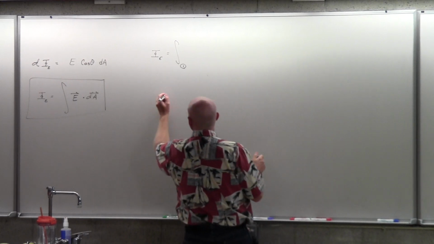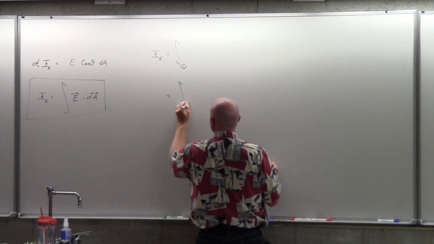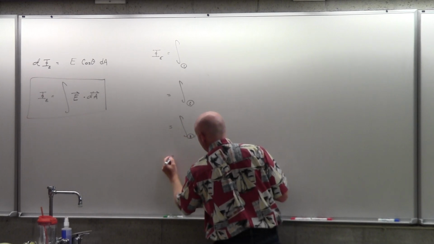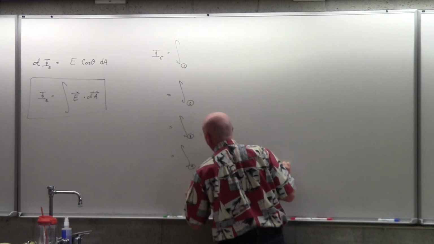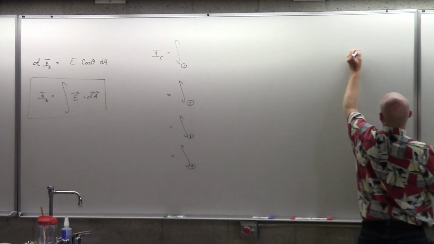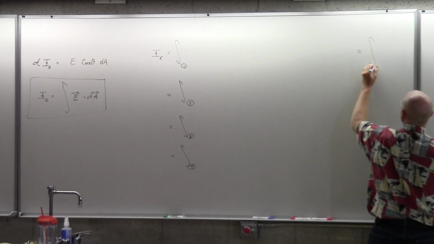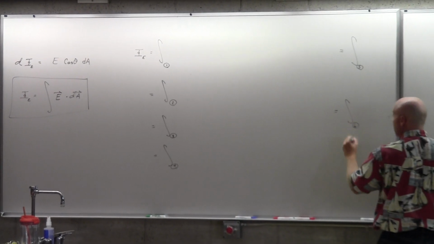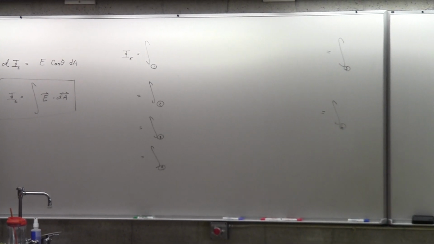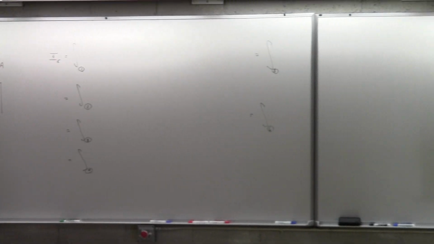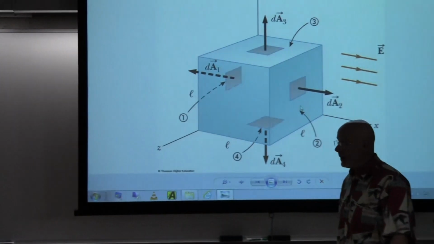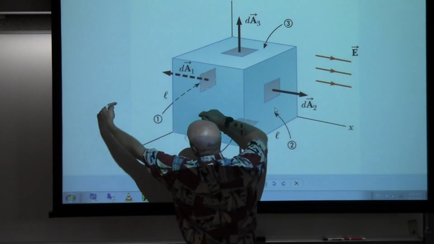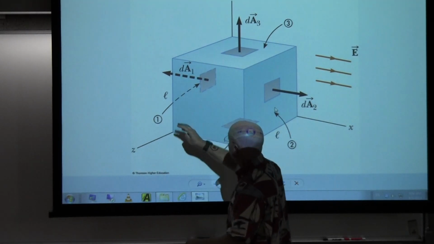I could also find the flux on, say, surface number 2, surface number 3, surface number 4, surface number 5, and surface number 6. And so let's look at each of these separately, as we, again, did real quickly at the end. Number 1, they're labeling here on this far side, the YZ plane here.